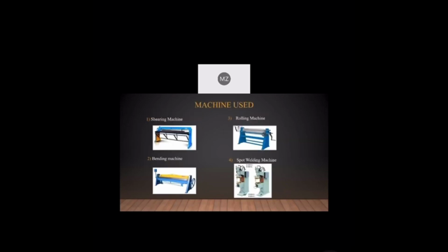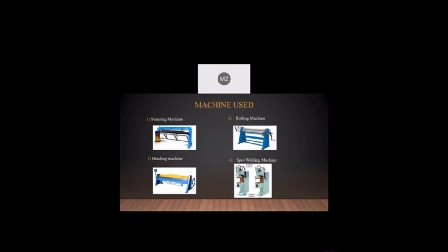So these are the machines we use in the workshop. First is the shearing machine. Shearing machines are multi-purpose devices used in the cutting of alloys and other sheet metal. Number two is the bending machine. A bending machine is a forming machine tool. Its purpose is to make a bend on a workpiece. A bend is manufactured by using a bending tool during a linear or rotating move. Number three, the rolling machine.